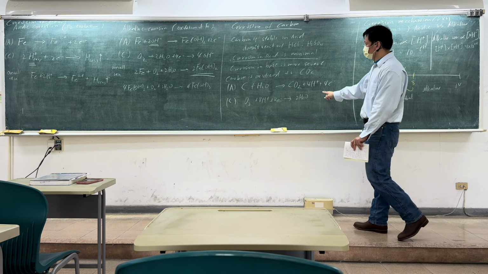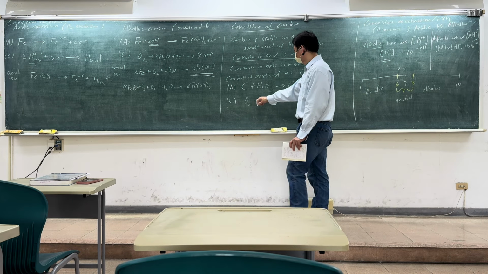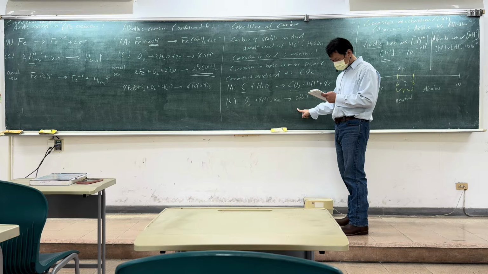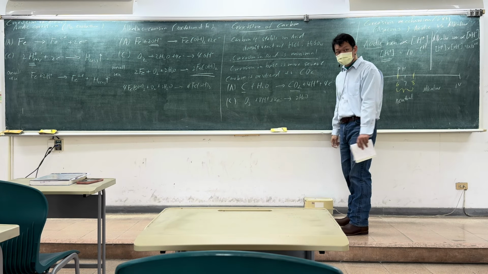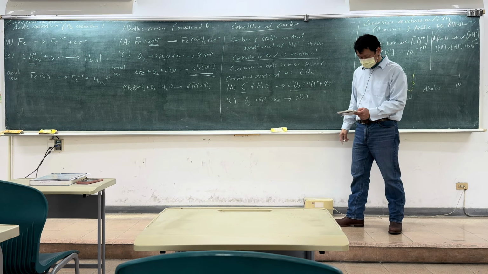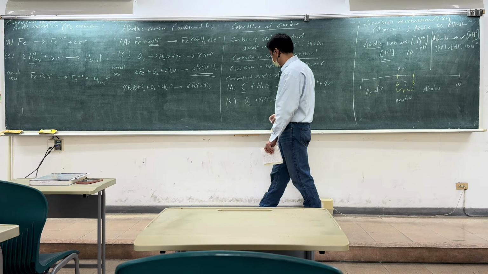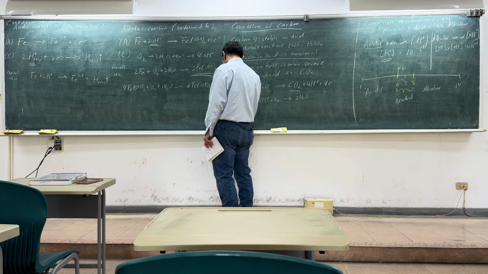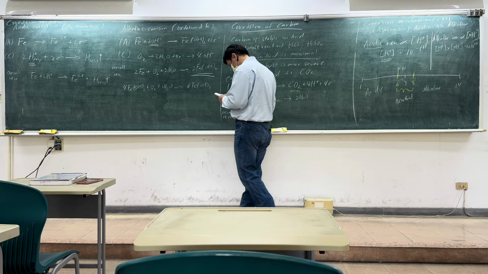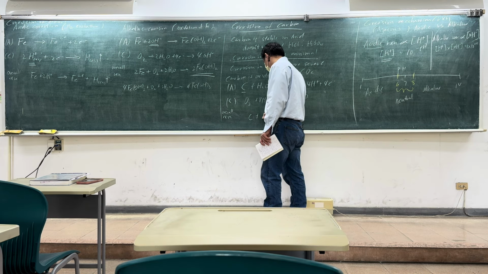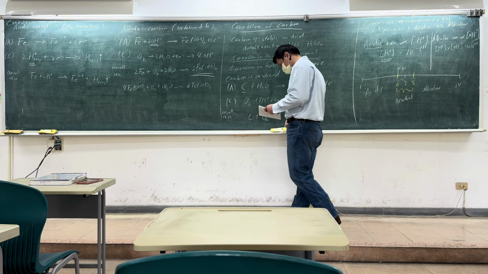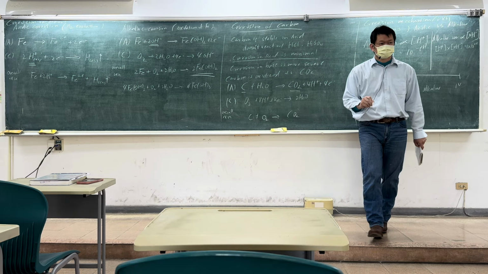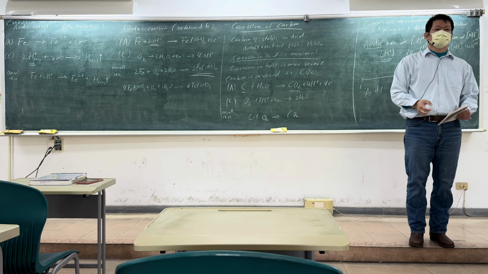So this is oxidation of carbon to produce carbon dioxide, and this is the reduction of oxygen to form water. So the overall reaction is carbon plus oxygen goes to CO2.